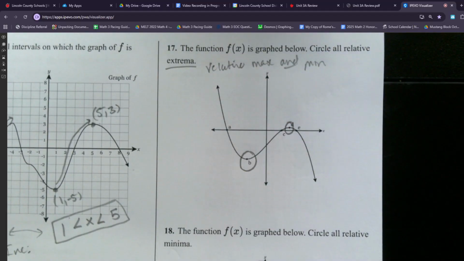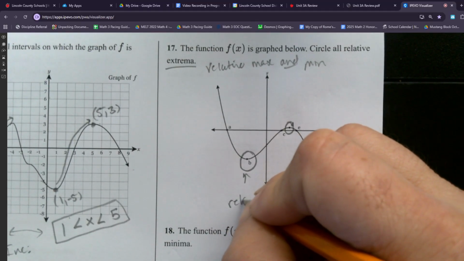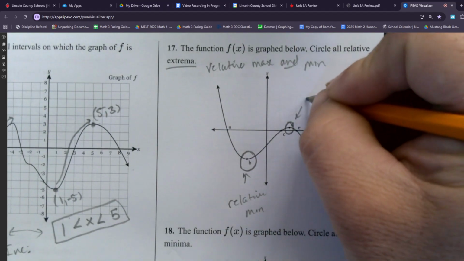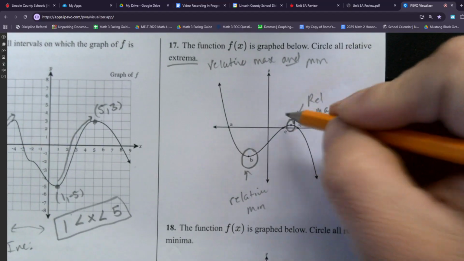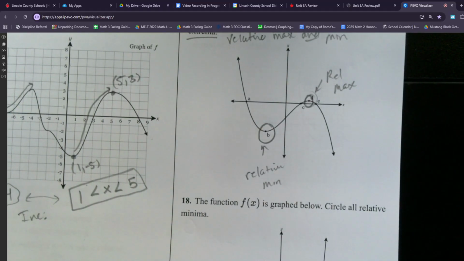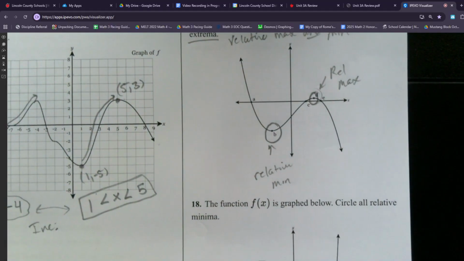There's a maximum. So that's a relative min, and this is a relative max. Those two would be circled as being a relative min and a relative max. Since you're looking for extrema, that covers both max and min.